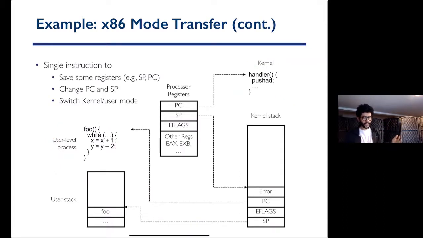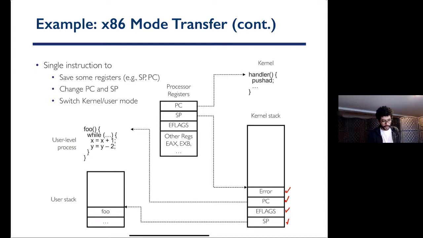Immediately, hardware has done all the things that were in the previous slide. So let's look at it. Hardware has pushed the stack pointer, the PC, the E flags, and in this example the error registers onto the stack. So all of them are pushed on the stack.